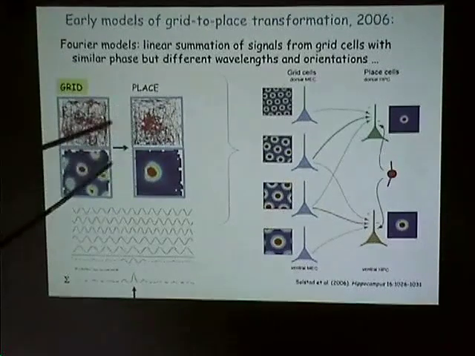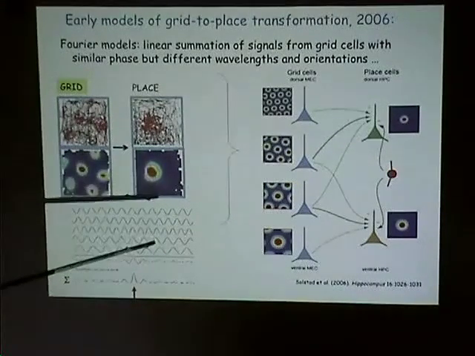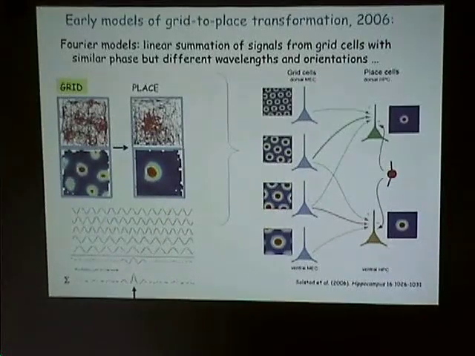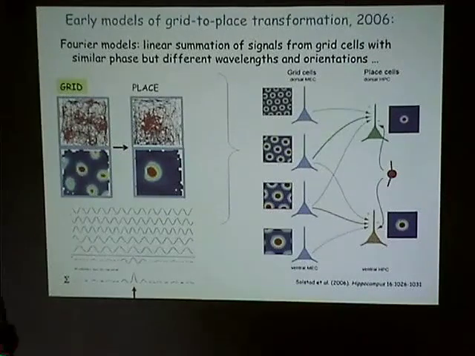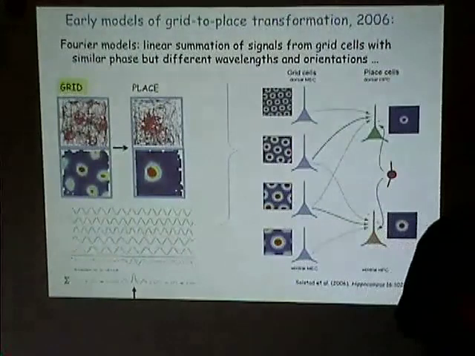It's one step. Whereas if you go back in the standard view, then at least you have to go through the deep layers of entorhinal cortex. So it's one step more. It doesn't exclude that grid cells can be generated from place cells, but at least it's a bit more difficult.